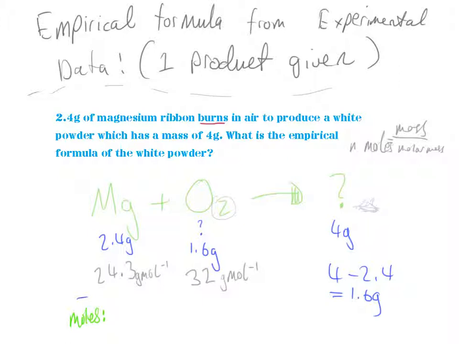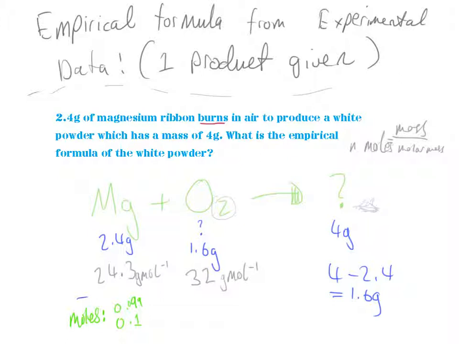So 2.4, which is the mass, divided by the molar mass, which is 24.3, gives me 0.098 or 0.099 to 3 decimal places, and I'm going to round this up to 0.1.